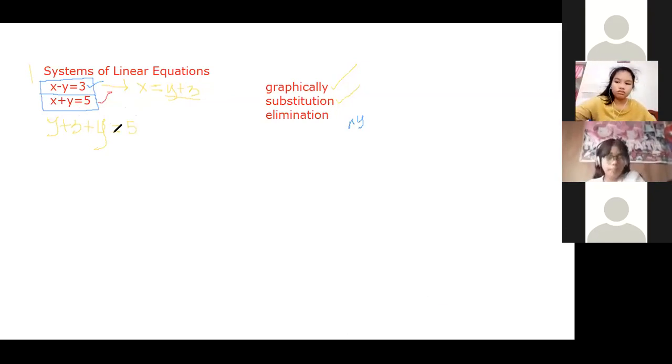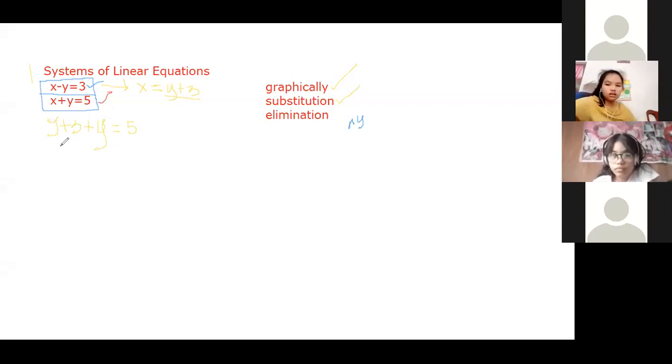And then from there, we will solve for y. Alright? Una gawin is, you will put together ang dalawang y, you will add the two. May term doon sa math.